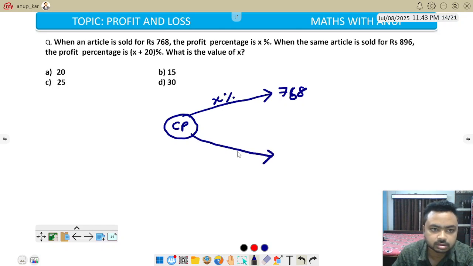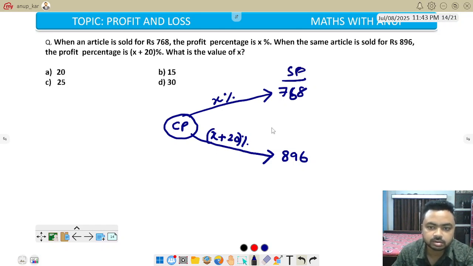Suppose the profit percentage is X plus 20%. So the same article is sold for 896. This is my selling price.